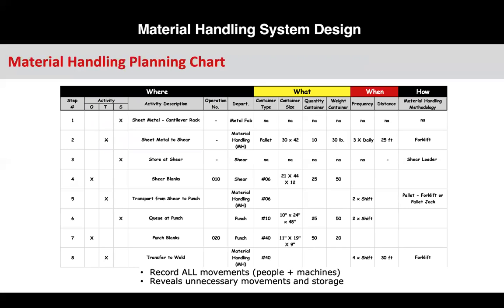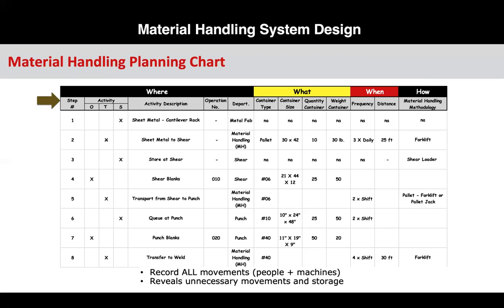And what you're trying to do is reveal unnecessary movement and storage. All right. Again, we'll get into the lean operations. We'll cover this heavily. But right now, we're just covering how to compile a material handling planning chart.